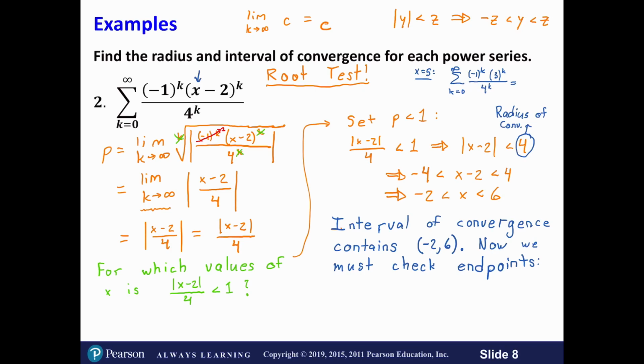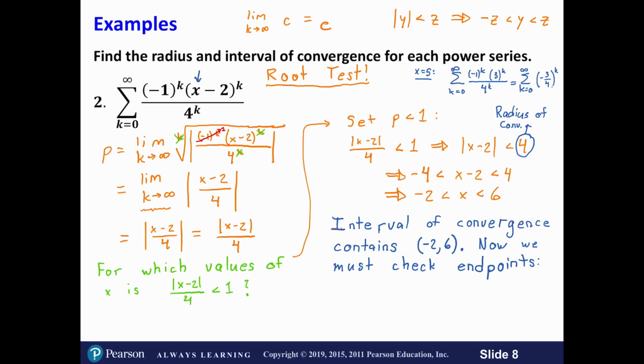We could rewrite that as the sum from k equals 0 to infinity of negative 3/4 to the k. And it makes sense that this thing converges, because it's a geometric series where r is equal to negative 3/4, the absolute value of which is less than 1.